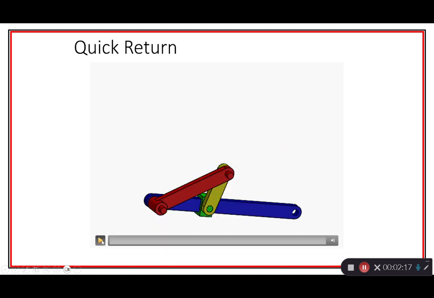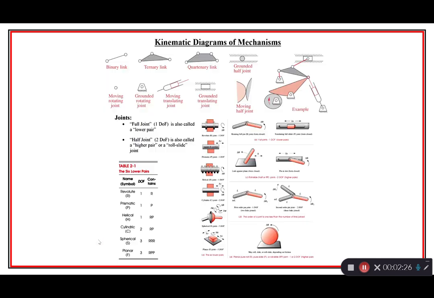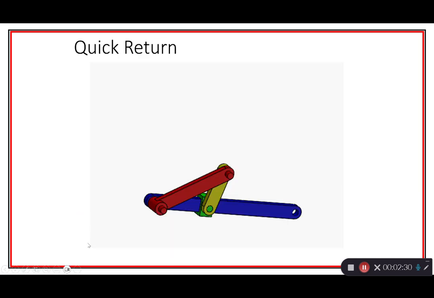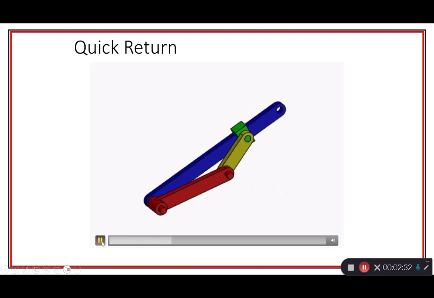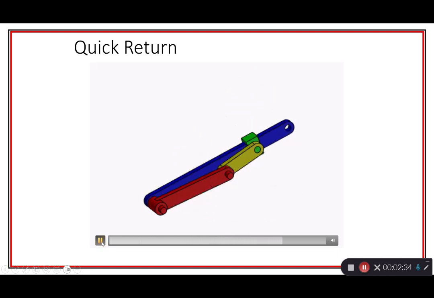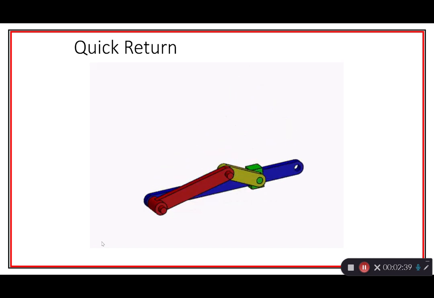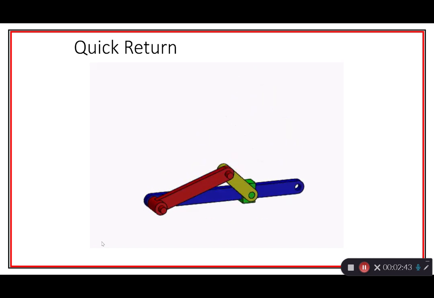And then this quick return, let's see if we can tell from this. Let me go backwards. Oh, go back to here. Let's take a look. Yeah, okay, so the ground here is the red one, and the yellow one is the crank. And you can tell that it goes down slow and then comes up fast.